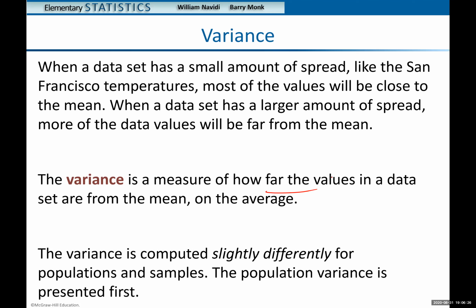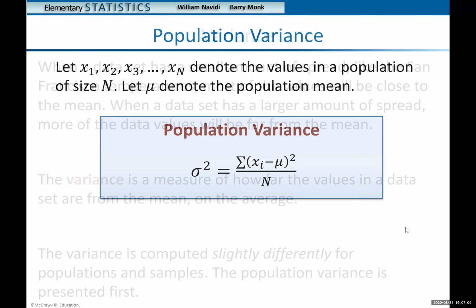Earlier, when we computed the mean, we have the population mean mu and the sample mean x bar. So for variance, we also have a population variance. This is the symbol, and S squared for sample. Population and sample. So there's a slight difference between the two when you compute the variance.